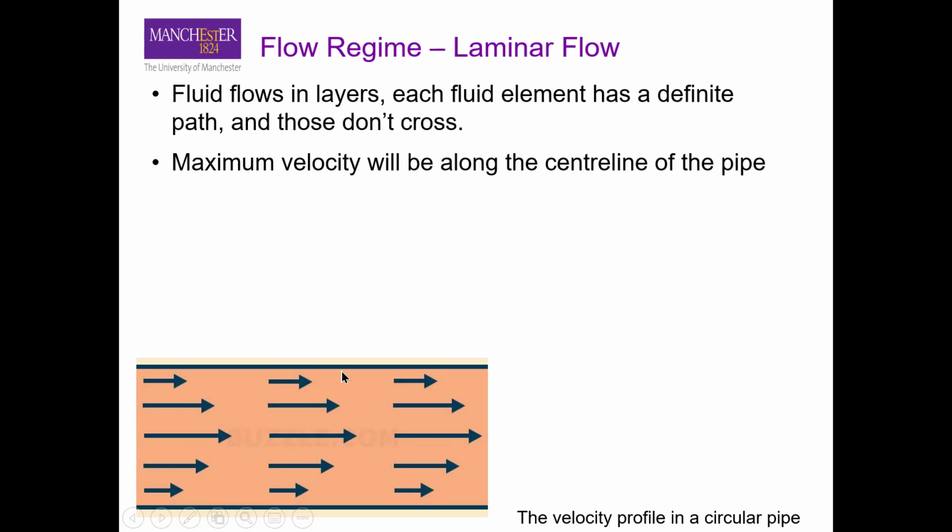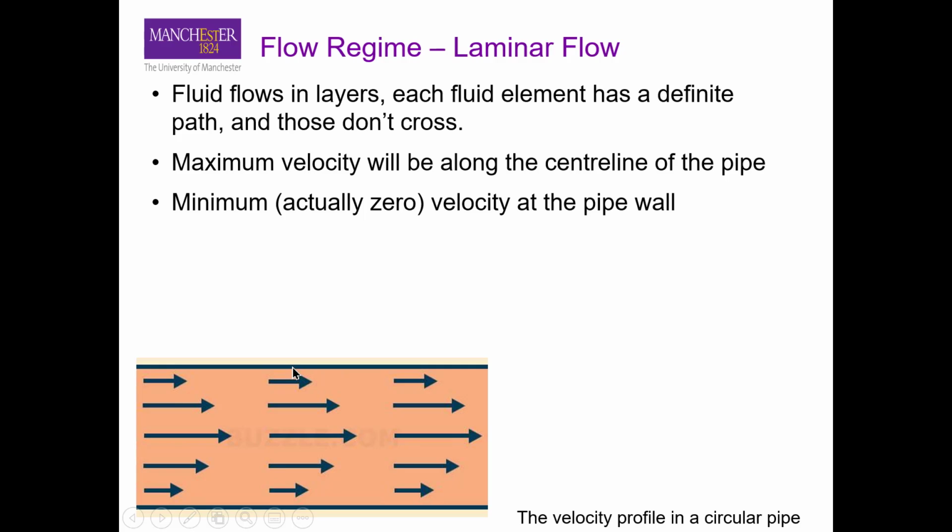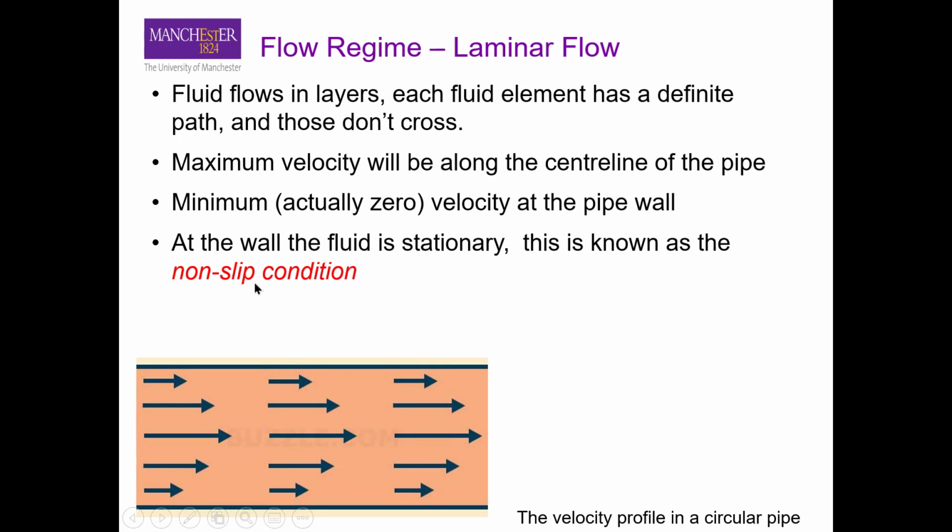The reason being that at the wall you have the maximum friction between the wall and the water layer itself, okay? And that is why at the wall we normally say that the velocity is actually zero, and that's what we call the no-slip condition. And as you move away from the wall, you still have the friction between the layers, and that friction between the layers is what we call viscosity, okay?